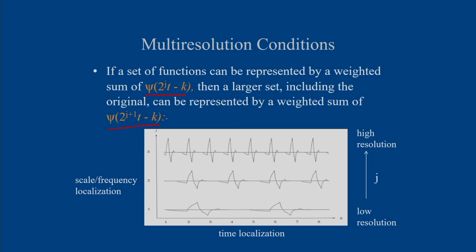So that means I am considering the high resolution in this case. So in this figure you can see j controls the resolution. So you can see the low resolution signal and the high resolution signal.